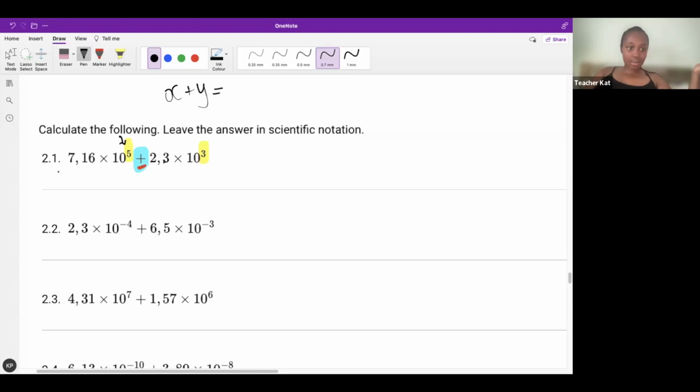What do you guys think? Come on, guys. To the right. Nice, Tebogo.